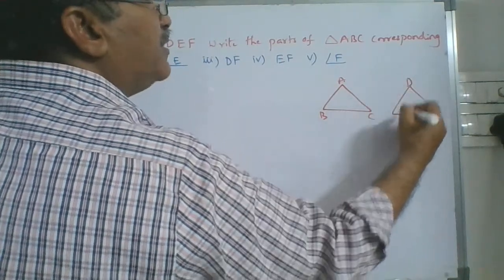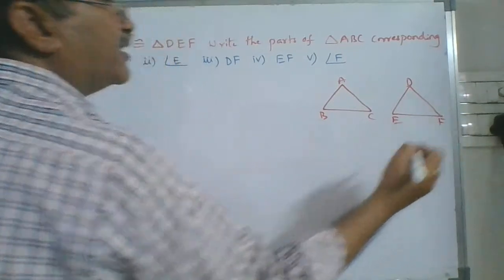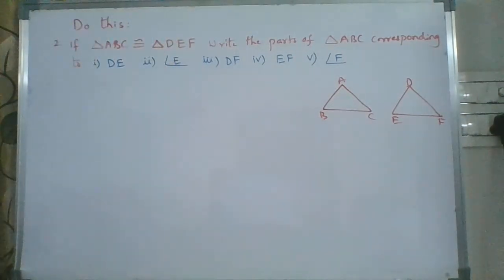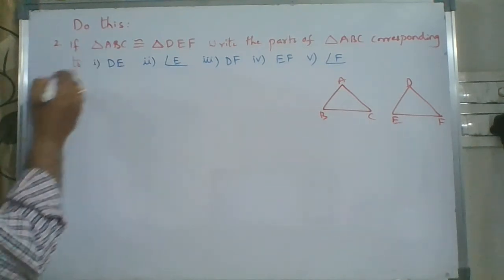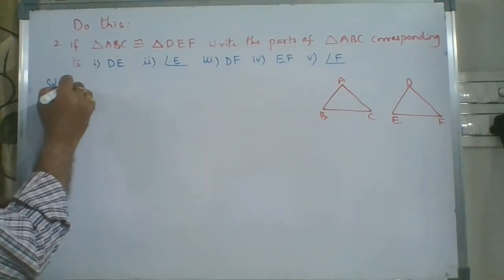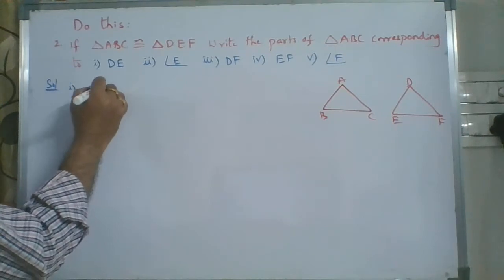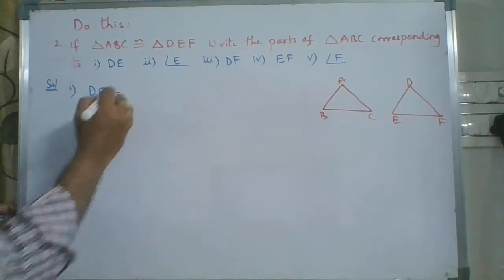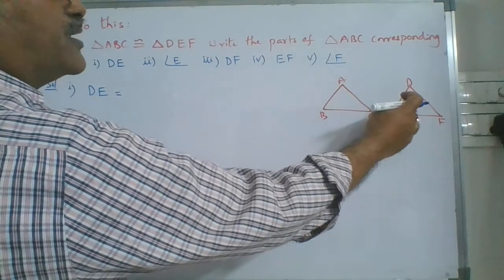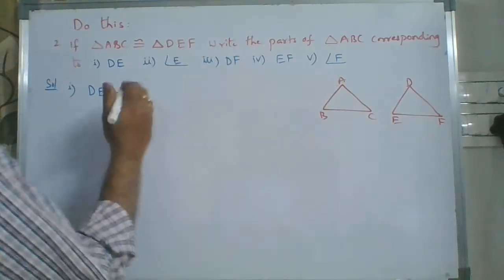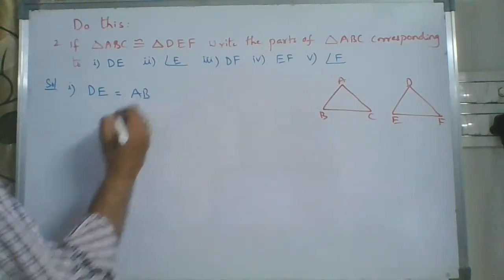ABC is one triangle, DEF is another triangle, isn't it? So when these two triangles are congruent, the corresponding part of DE is AB. So we write AB here.